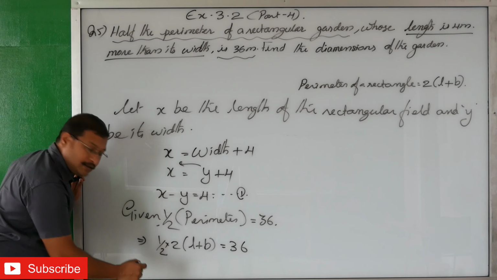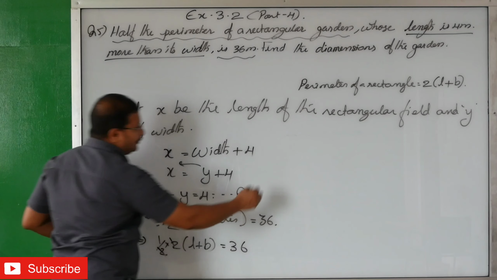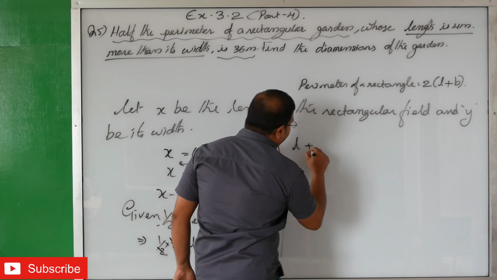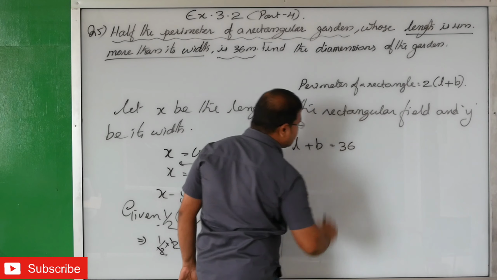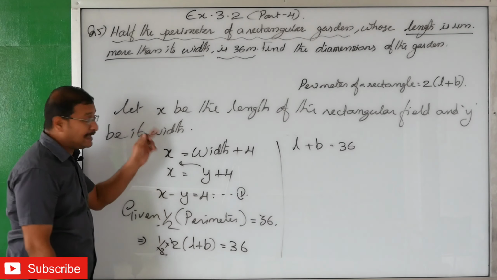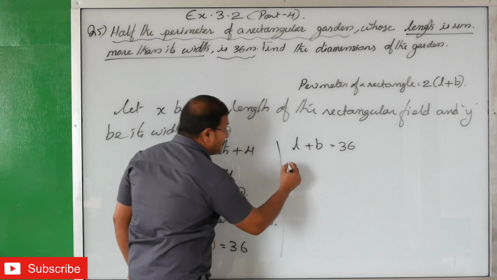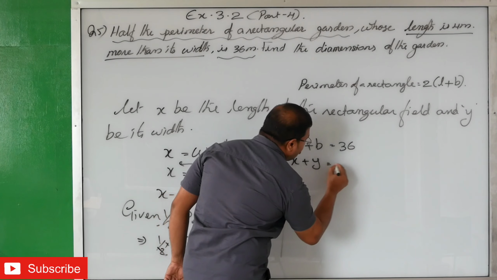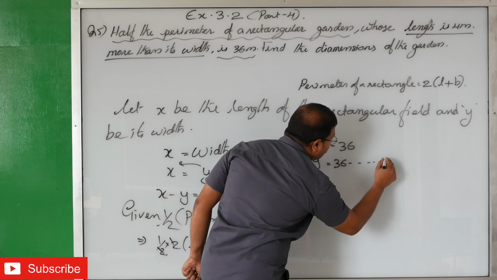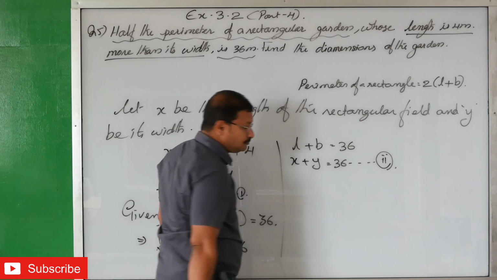But we know that this 2 will cancel, so we get length plus breadth equals 36. Length is x and breadth is y, that means x plus y equals 36. This will be equation number 2.